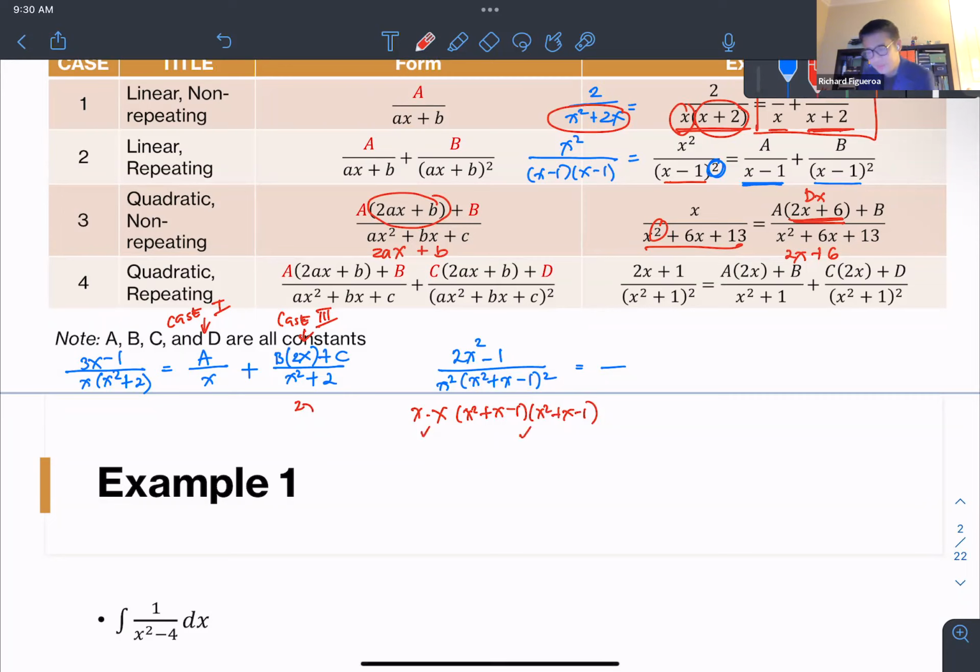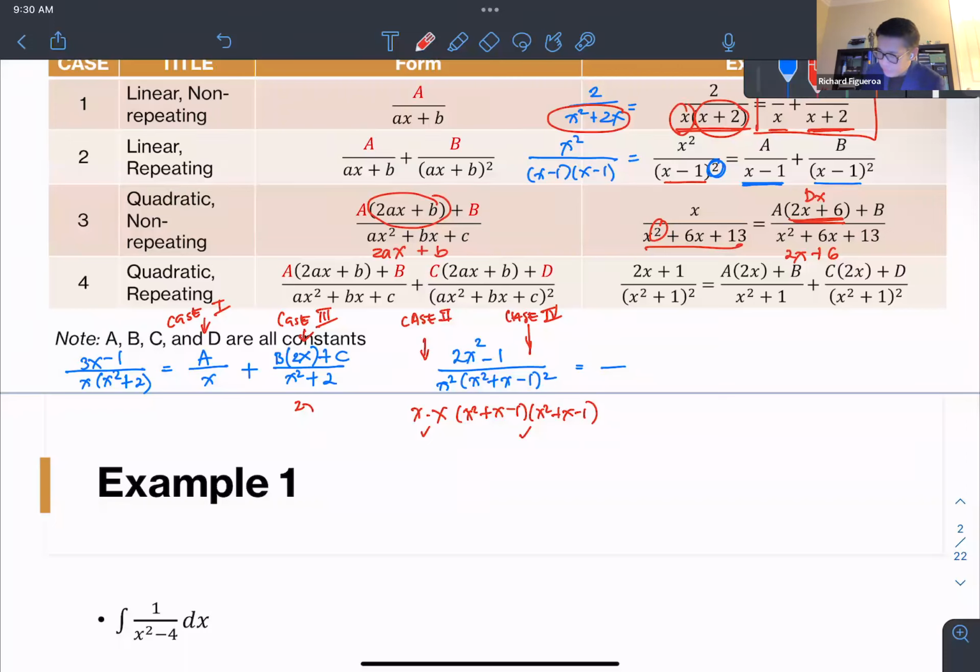These two are quadratic repeating. So the first set would be case 2, and the second set would be case 4. X squared is the same as x and x, so that makes it repeating, and x is linear. X squared plus x minus 1 is quadratic, then it repeats, so that makes it case 4.